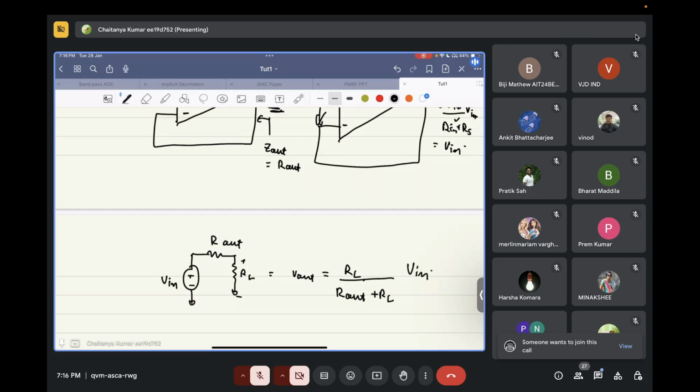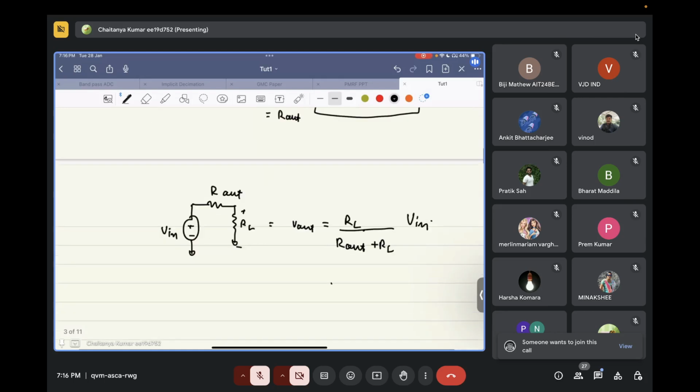So if my R out is not equal to zero, my V out will be less than V in. If R out is equal to zero, then RL will cancel and V out will be equal to V in. So like a non-ideal model where you have some finite output impedance, some finite input impedance, and a non-infinite gain.